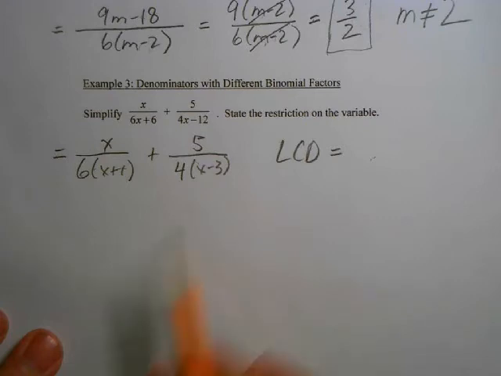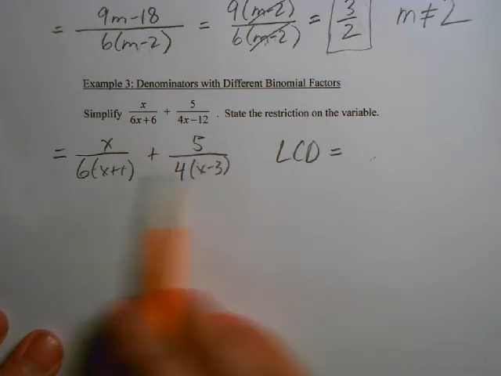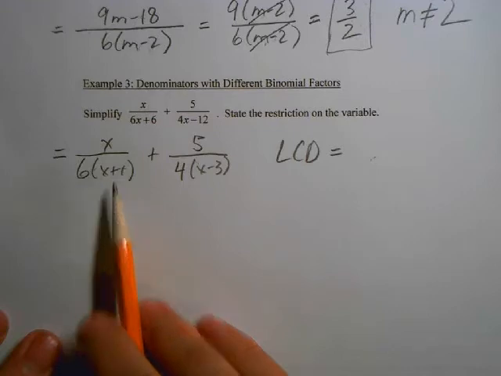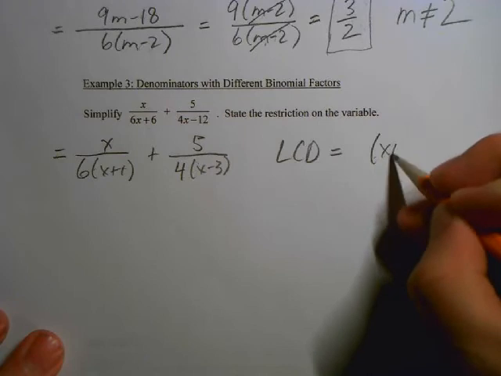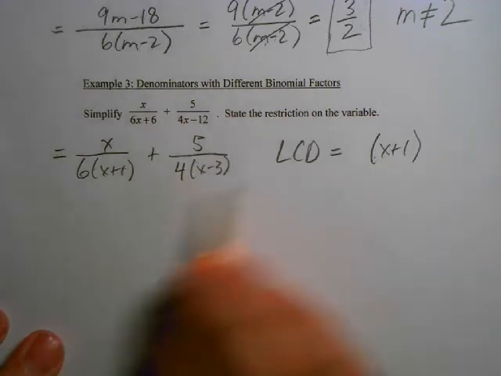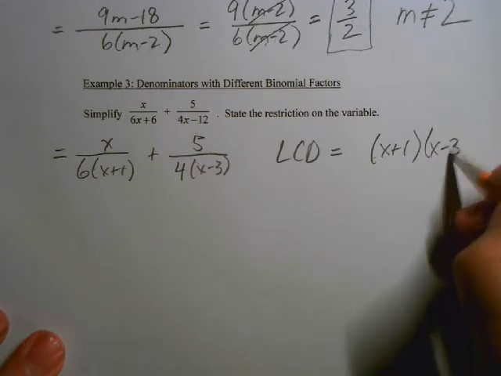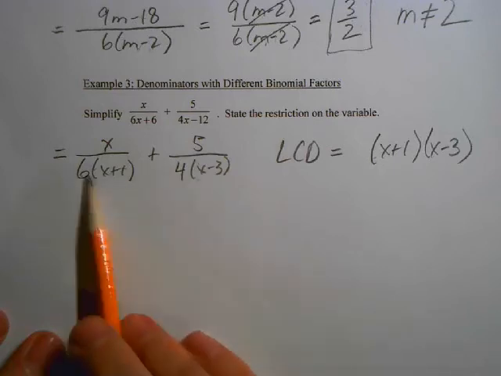So when you have a bunch of these binomial factors, you know that each of those different ones is going to be part of your lowest common denominator. So I know I need an x plus 1 as a factor in my denominator. I also know I need an x minus 3. So we've taken account of all the binomial factors.